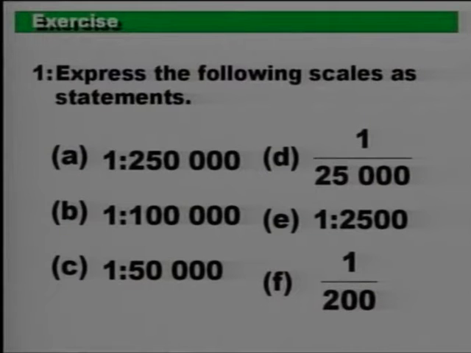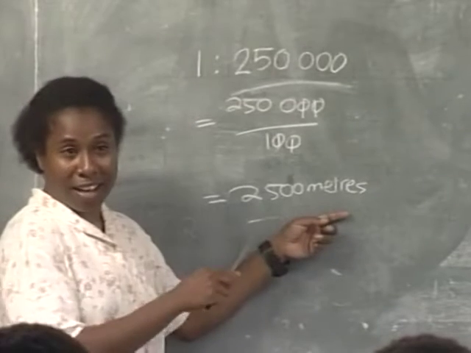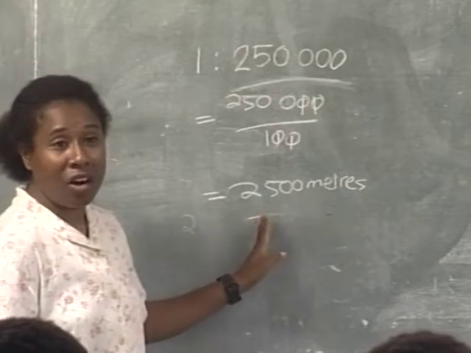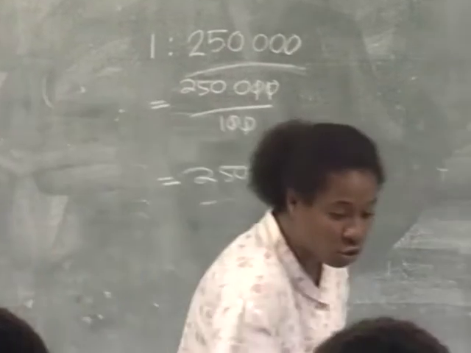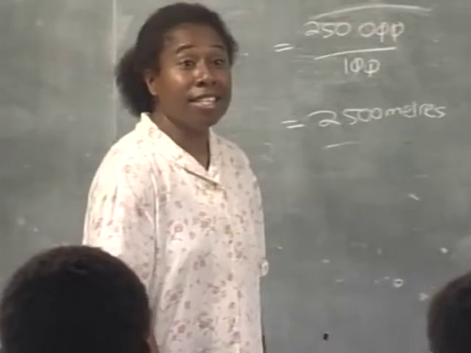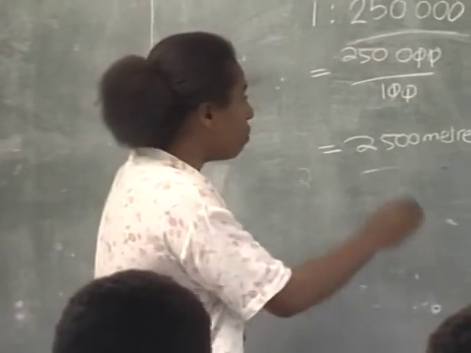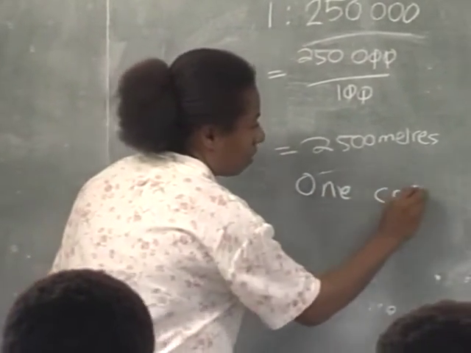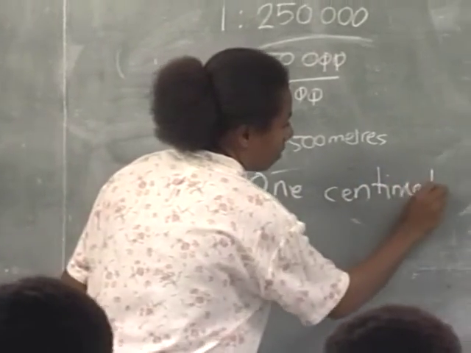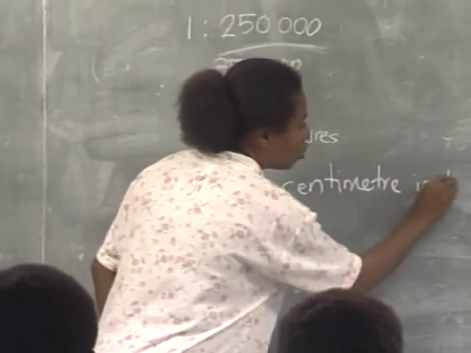Dorothy said that she will only do up to meters because that's the unit that she used. But when we're writing our answers, you're not just going to write it as 2,500 meters. You're supposed to put it in statement form, remember? It would be 1 centimeter is 2,500 meters.